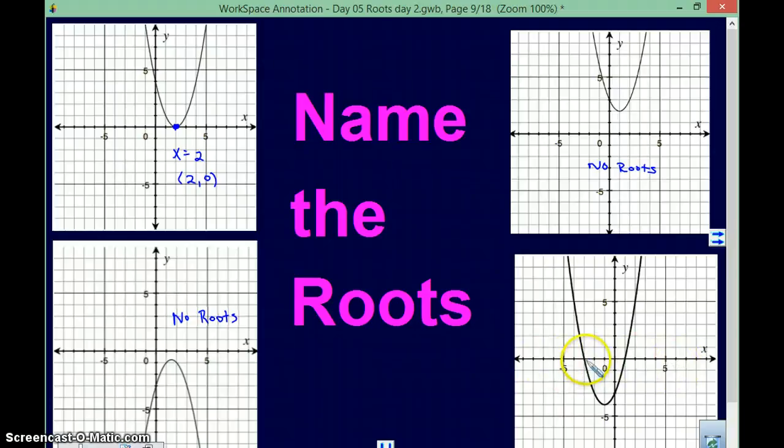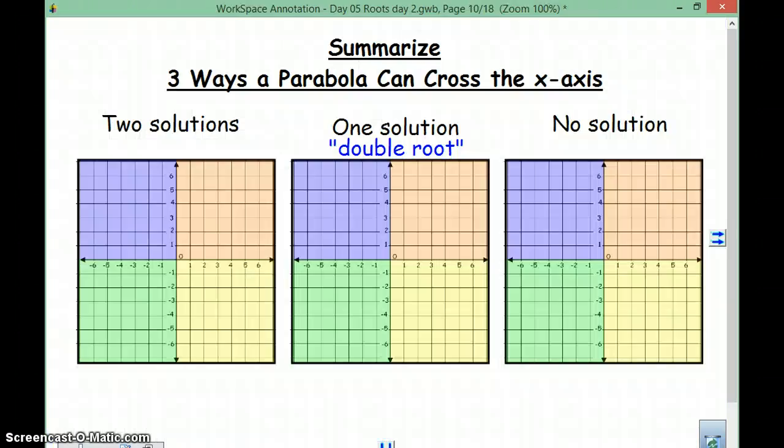All right, here we've got two roots. There's one root at x equals -3, and there's another root at x equals 1. Those points are (-3, 0) and (1, 0). We say the roots are -3 and 1.